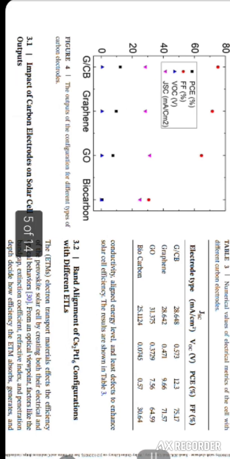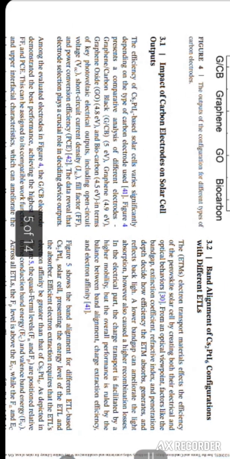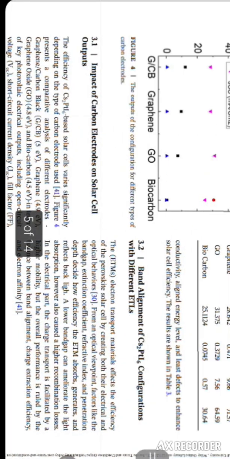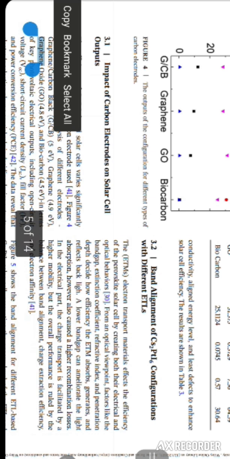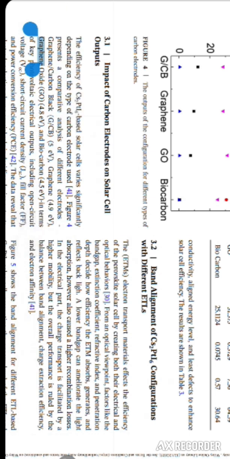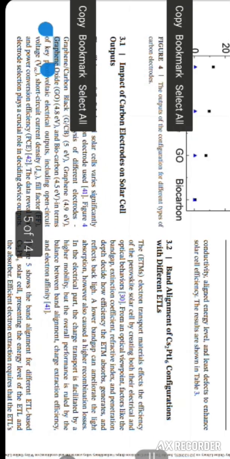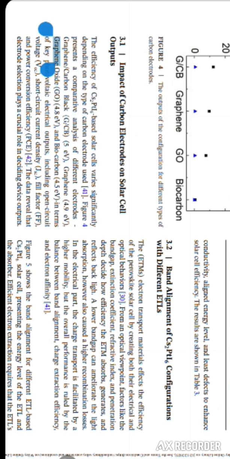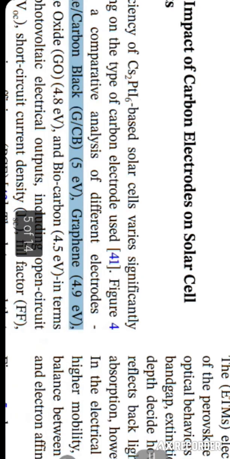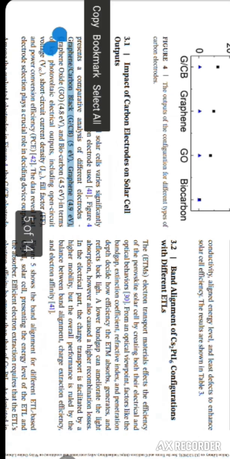First, after the impact of the carbon electrode on the cell output, they study the band gap alignment of the perovskite with the 4 ETLs that they suggested before.